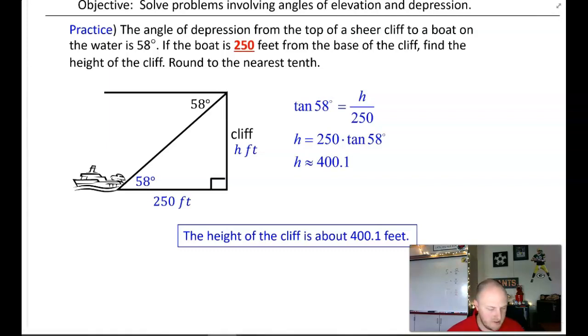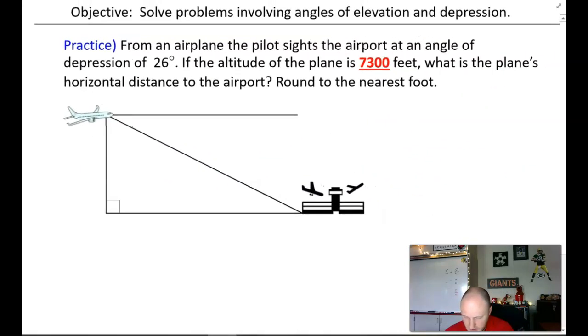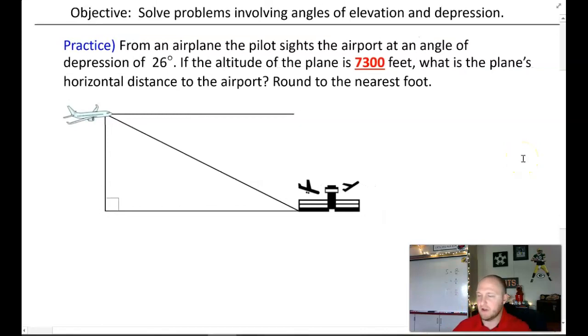All right, here is the next example. This one's fun. Pause the video, then I'll talk about the placement of the information for this one. Also, there's a word in here that often throws off students, and it is altitude. Altitude is just height.